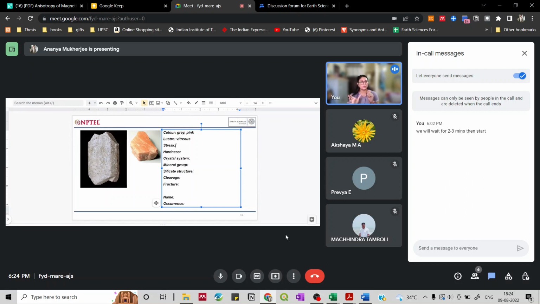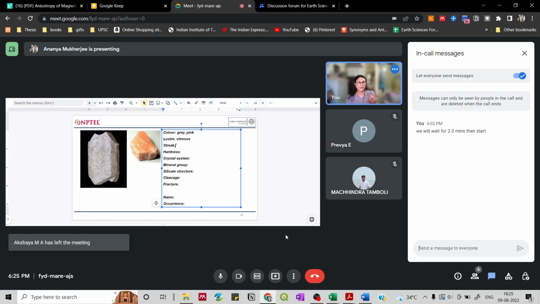A streak is made when you rub the mineral on a porcelain tile. For orthoclase, for this mineral, you will have a white streak. Then the hardness of the mineral is 6.